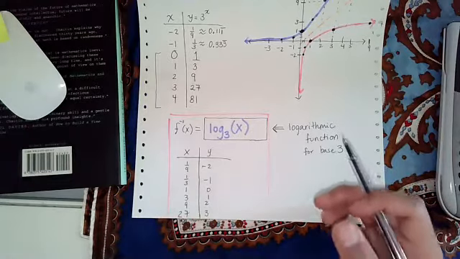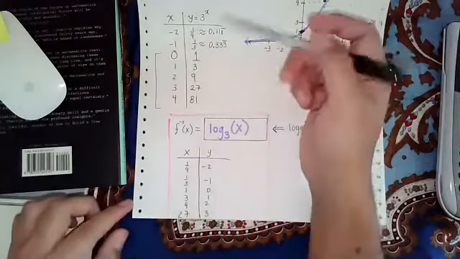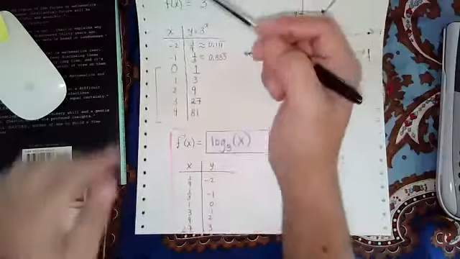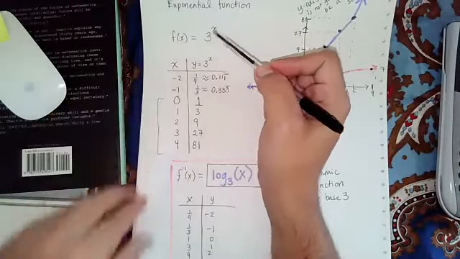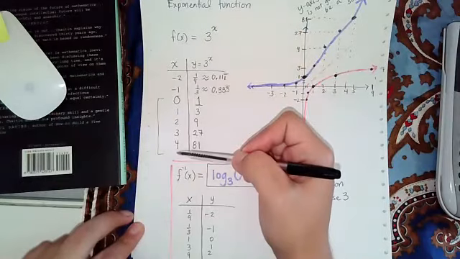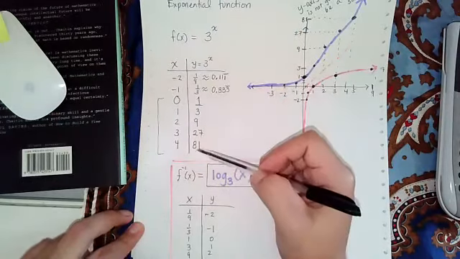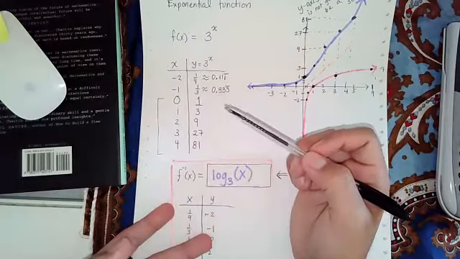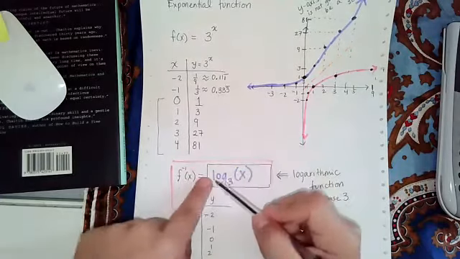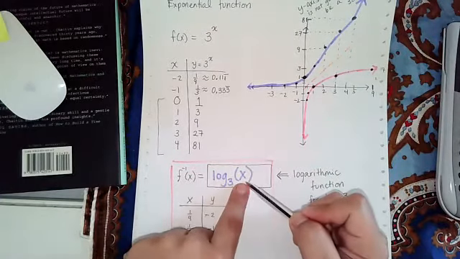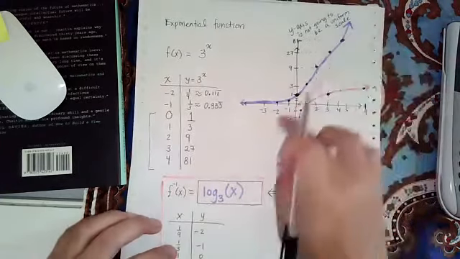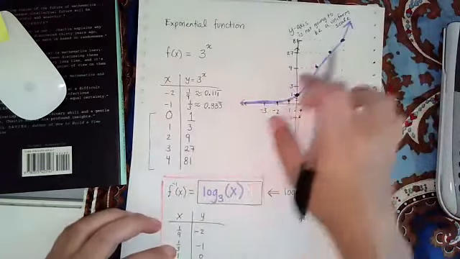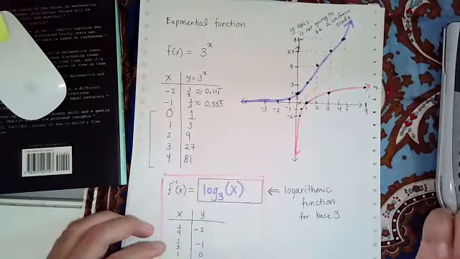And you could do this process for any base. Like if we had done a function f of x equal to 2^x, we could come up with some input values, get the output values, swap them, and then call that function log base 2 of x. And it'll generate a function that mirrors across that diagonal line our original exponential function. Okay.